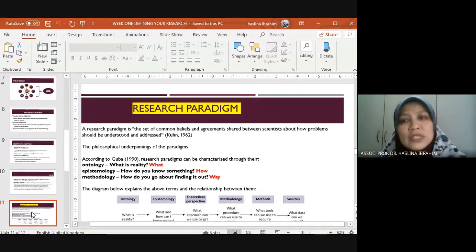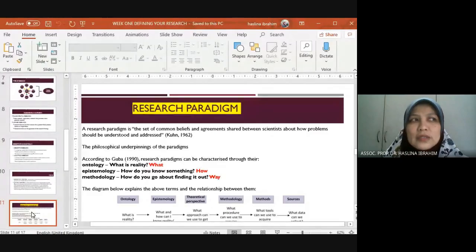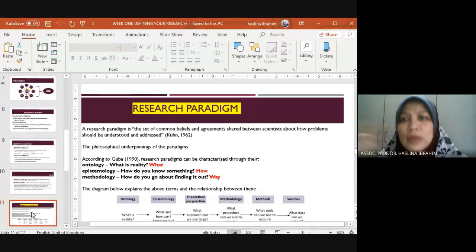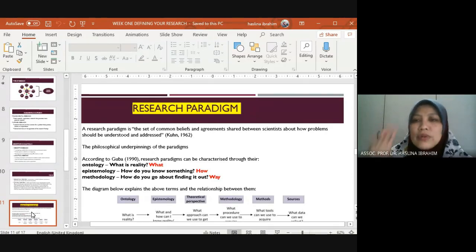What does yubsirun mean? Observe. Observe means look. This is empirical. What else? Hearing. This is also empirical. When you listen, this is empirical. So the Quran asks us to use our rational reasoning, to use our experience to know better.